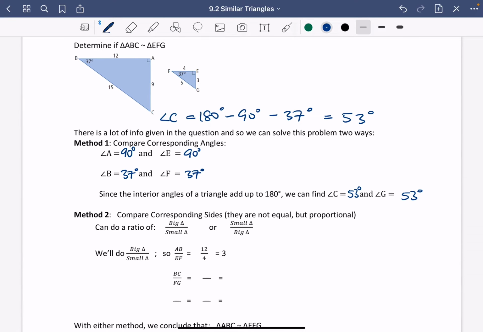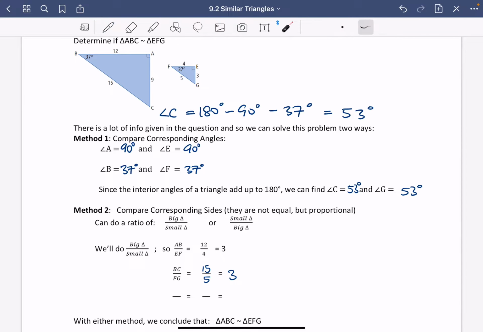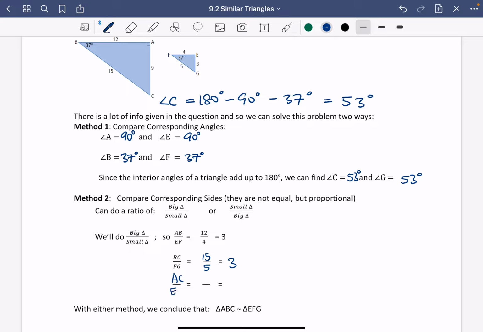And then big triangle with BC, which is 15. And then the corresponding side will be EG, sorry, FG, which is 5. 15 over 5 is 3. Okay. And then last one, we have the big triangle AC, and then EG.